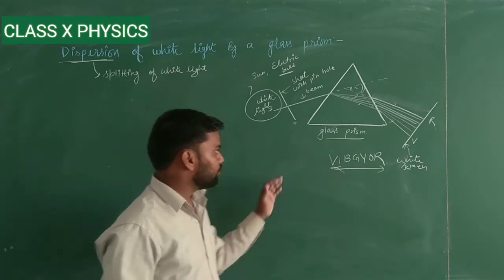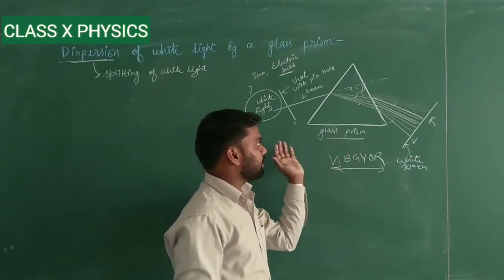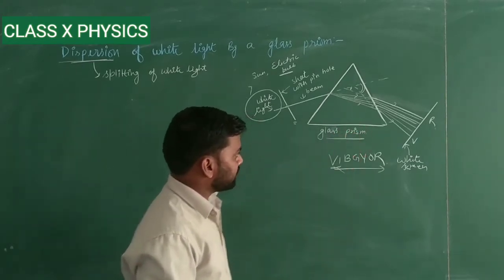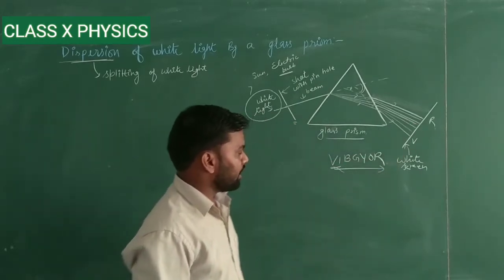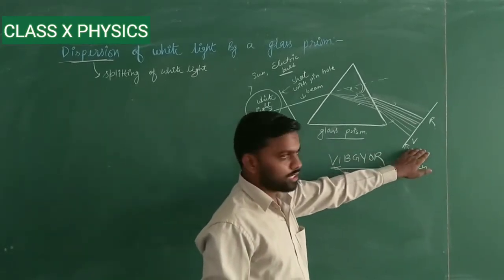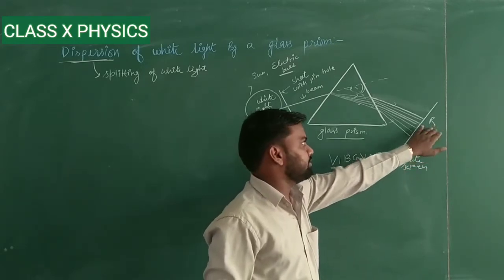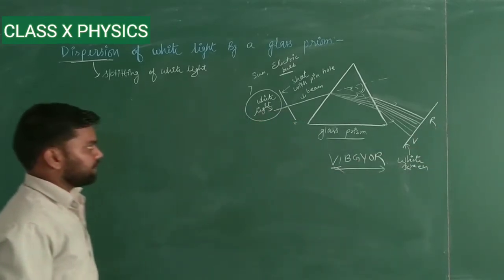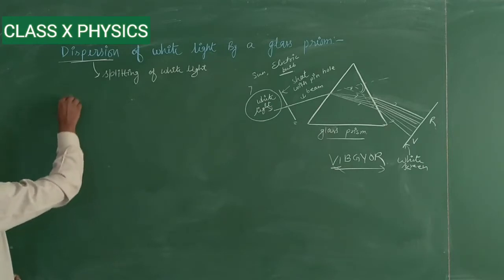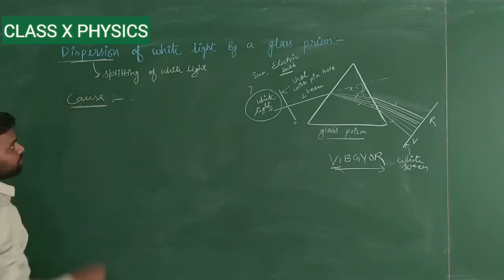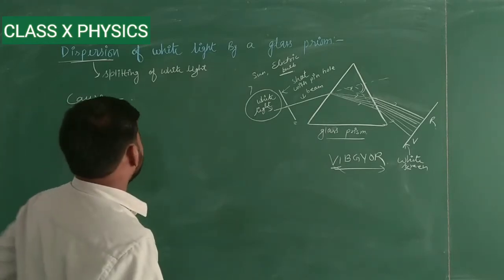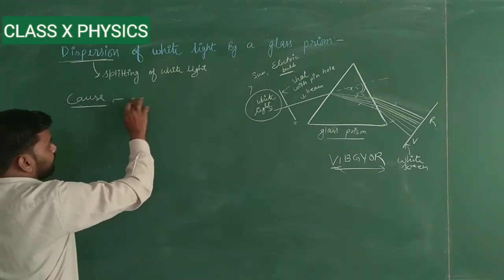Okay students, let us see what the cause is that light is traveling through a prism, but the colors formed on this side are different. Why is violet on the down side and why is red on the upper side? The cause can be understood by two different things. Number one, the frequency and wavelength.